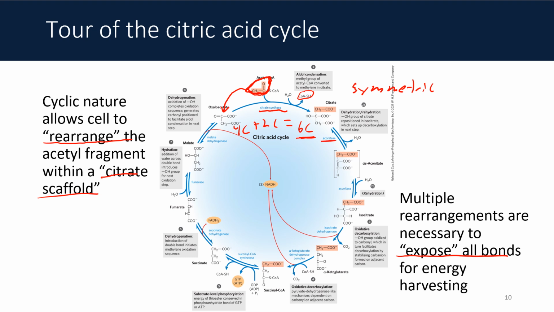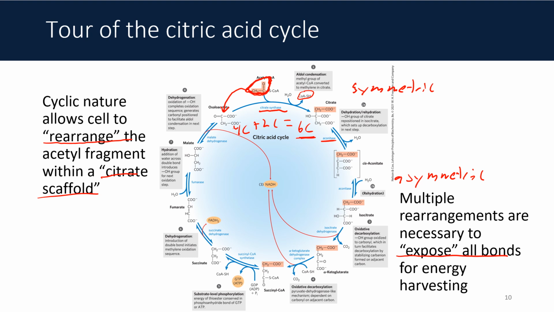Aconitase is going to convert citrate into cis-aconitate and then isocitrate, which is an asymmetric version of our reaction namesake. It's an asymmetric citrate molecule. And now that isocitrate is asymmetric, the rest of the enzymes are going to have an easier time binding it and reacting with it in a way that will give us energy.